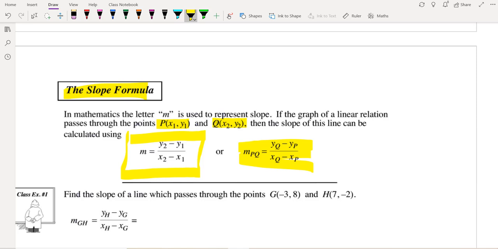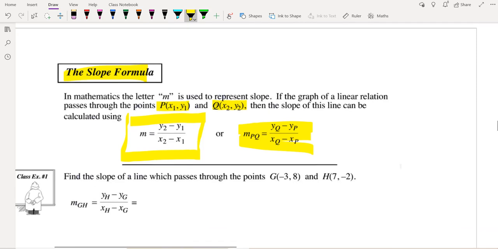Okay. So in the next question, instead of reading points off of a graph, we're given coordinates G and H here with the values and asked to find the slope of G and H. Right?